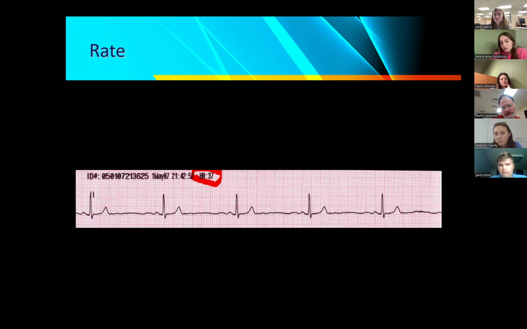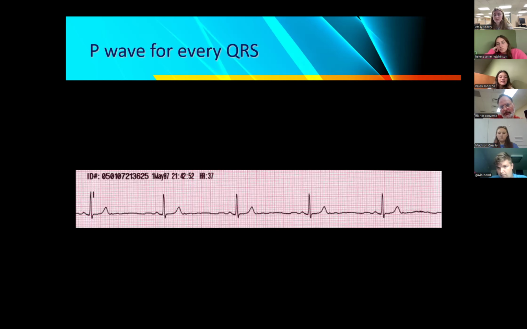So Paisley, would you say that this rhythm is regular or irregular? Regular? Good. Very, very good. Do you see a P wave for every QRS? Yes. Do the P waves look normal? Yes. Good. Does every QRS have a P wave? Yes.